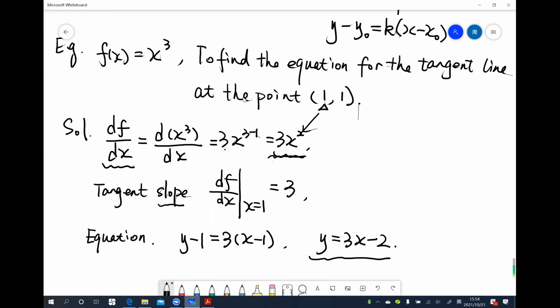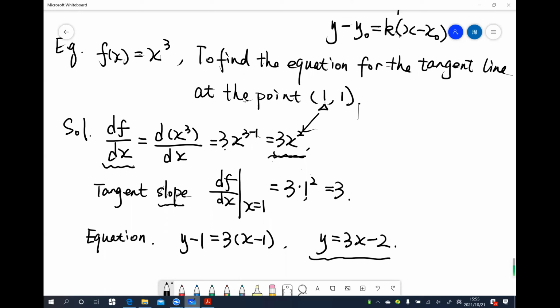So that is 3 times 1 squared, so equals to 3, because the point that is 1, 1. Yeah, substitute 1. Okay. Got it, Laoshi.